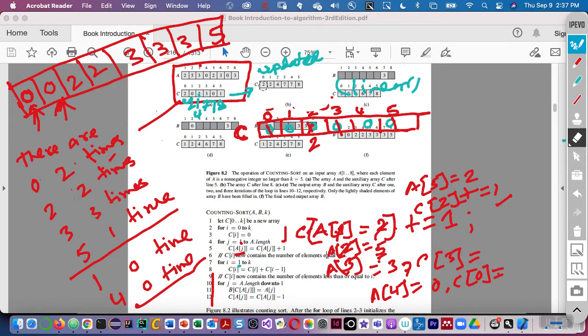If 0 exists, then the last 0 will be at the second position.